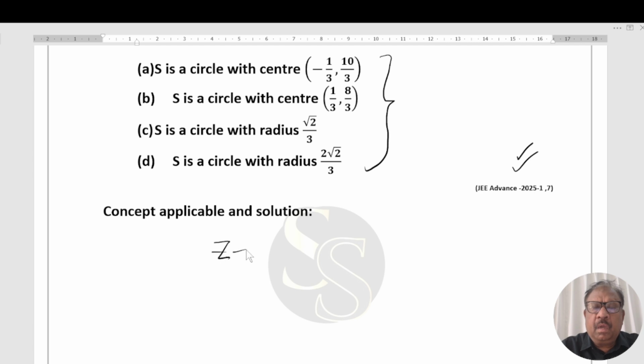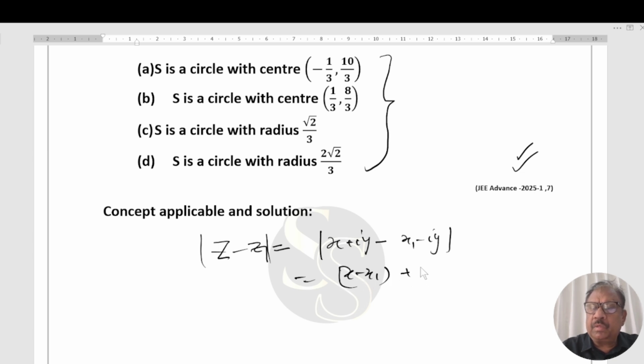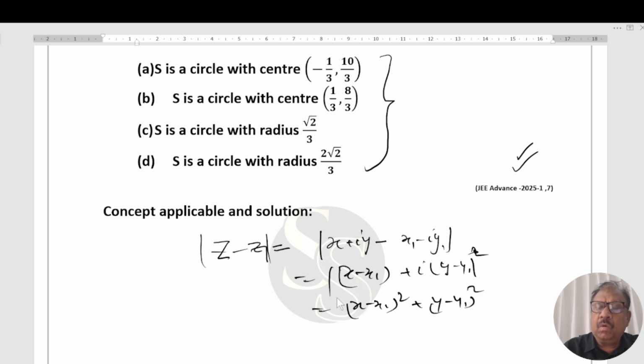z minus z1, that is x plus iota y minus x1 minus iota y1, comes out to (x minus x1) plus iota (y minus y1), and its modulus is under root of (x minus x1) whole square plus (y minus y1) whole square.